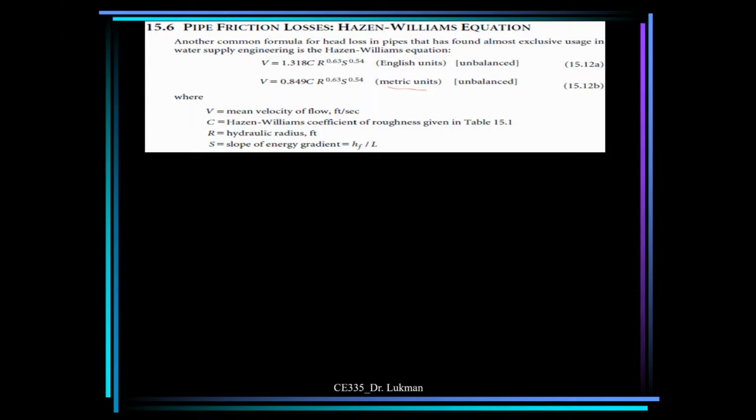S is the slope of the energy gradient, which, depending on the angle of inclination, can be approximated as the bed slope when this bed slope is very small.